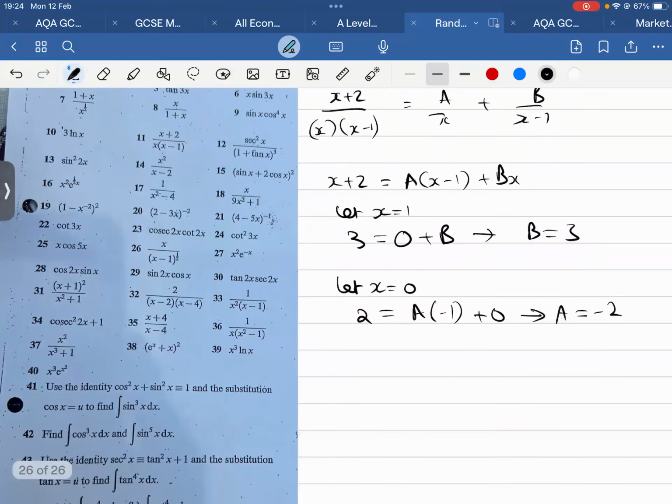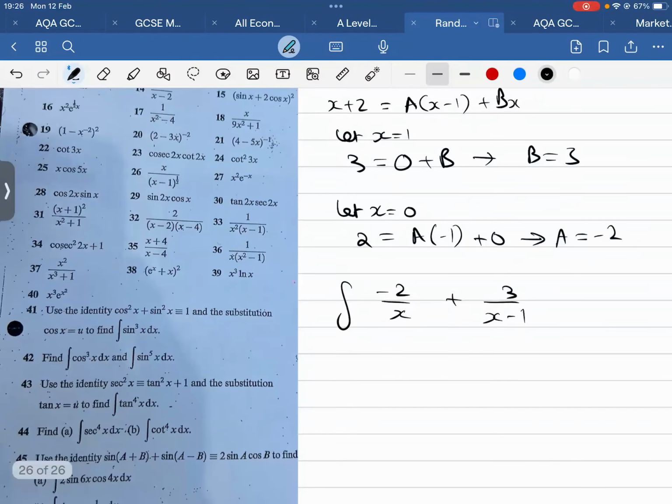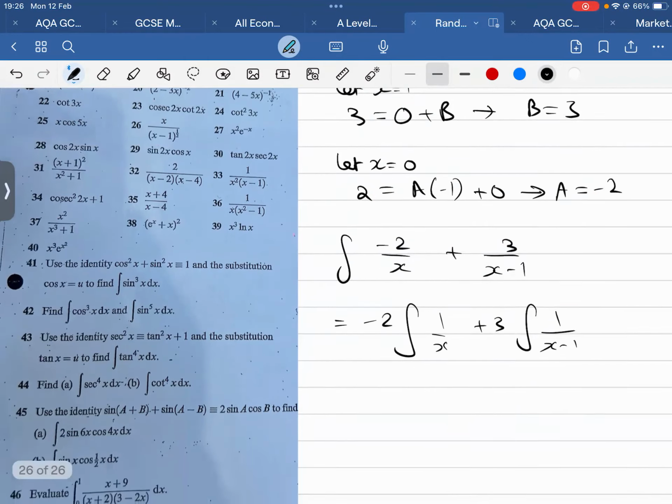Then that means we're just integrating minus 2 over x plus 3 over x minus 1. Can you try that? It's way easier than you think. And you have to remember every time you do partial fractions, the point is you're going to get logs. So it's minus 2, integrate 1 over x, plus 3, integrate 1 over x minus 1. So what does that become?